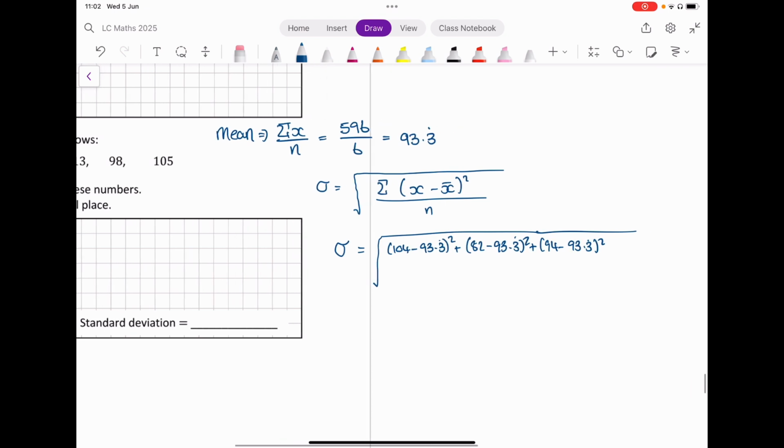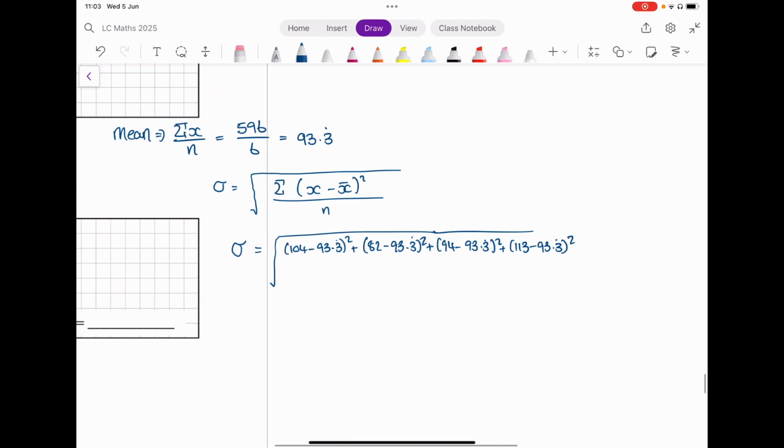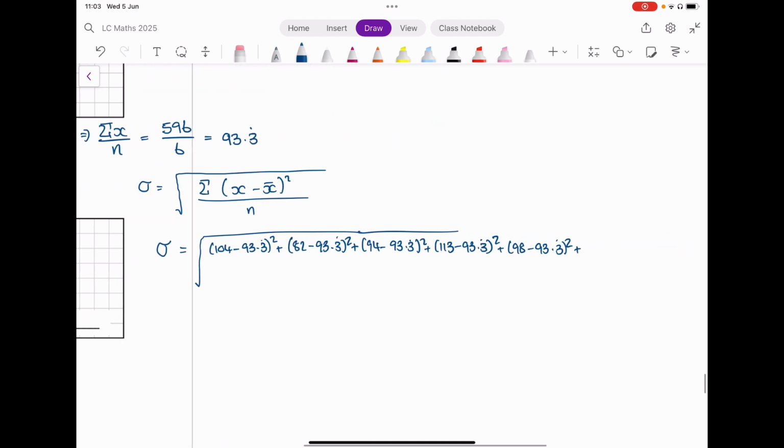So we've done 94, I'm on to 113, sorry, minus 93.3 squared plus 98 minus 93.3 squared plus the last one then, which is 105 minus 93.3 recurring squared, and that's all divided by 6, the number of numbers that I have.